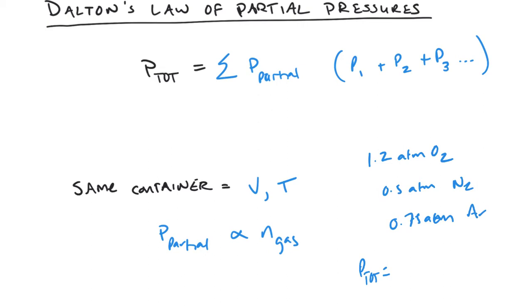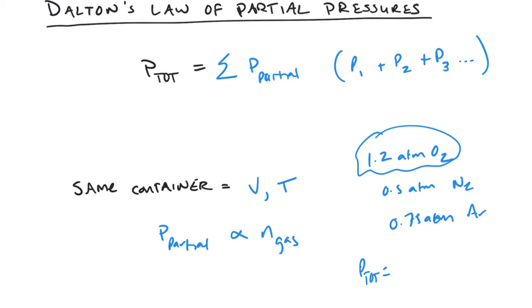Remember, they're in the same container, so they have the same volume and the same temperature. Partial pressure is proportional to the number of moles of gas. So this container contains mostly oxygen, with some amount of nitrogen and some amount of argon, but oxygen is going to have the largest mole fraction, because I have the most moles of oxygen compared to the number of total moles in the container.